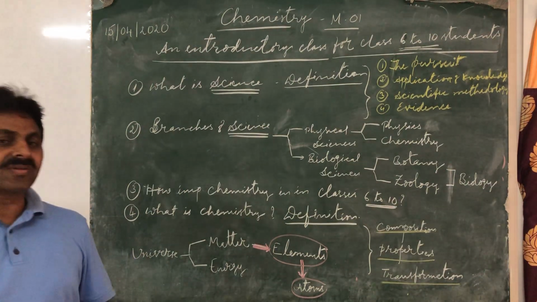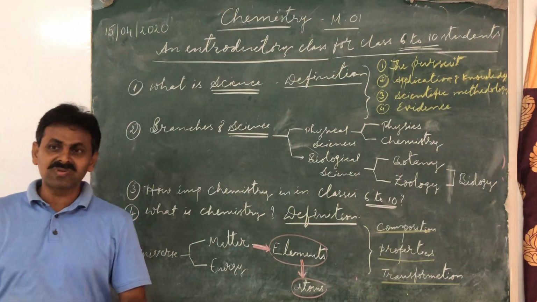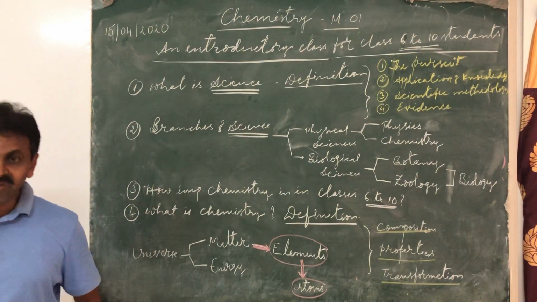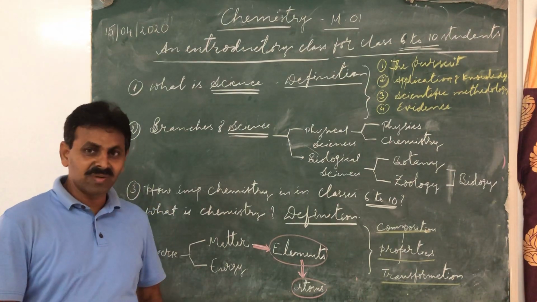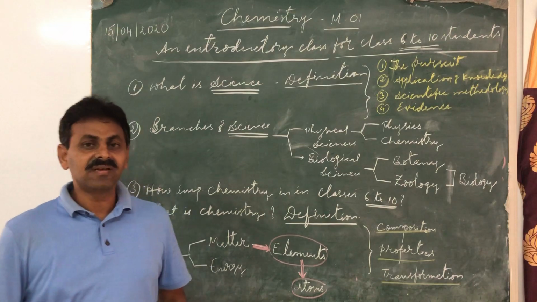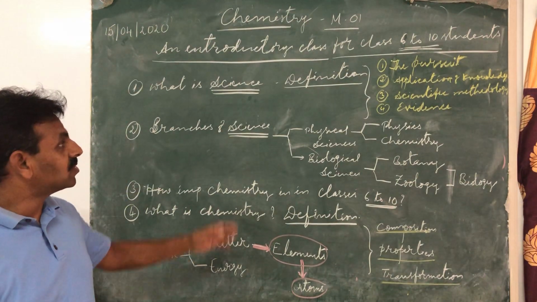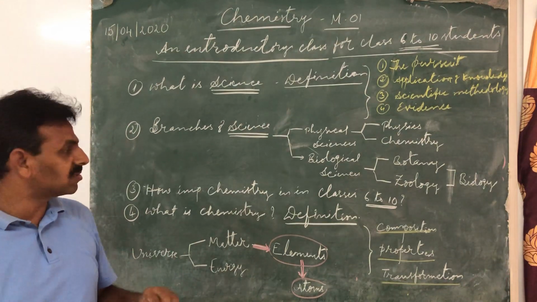Then if someone asks you what exactly science is, can you tell something about science? Are you in a position of explaining, of defining science? That's the call for. So I'm going to discuss what exactly science is all about.